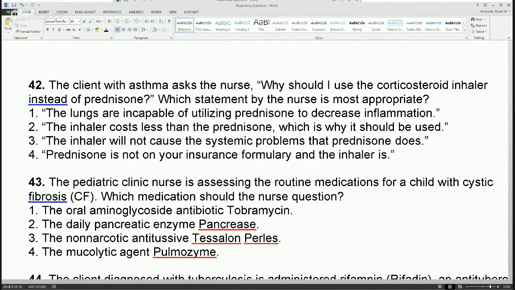Three? It is 3. The steroid inhaler does not cause a systemic problem of suppression of the adrenal gland and exposure of cells of the body to excess cortisol. The inhaler delivers anti-inflammatory medications to the lungs where effects are desired.